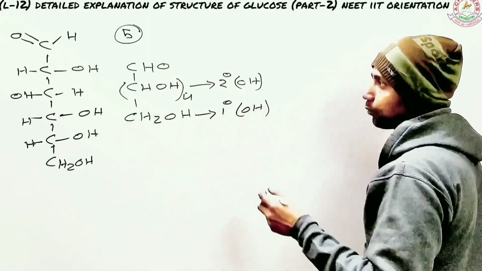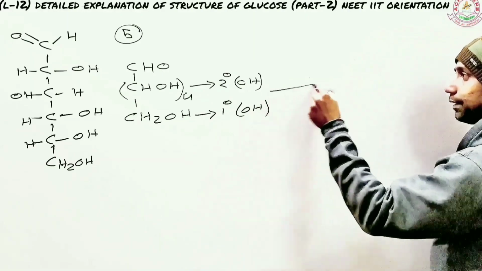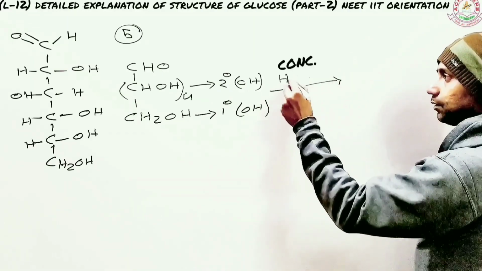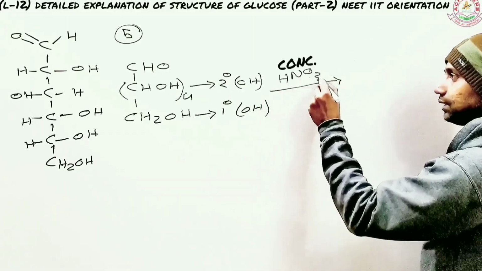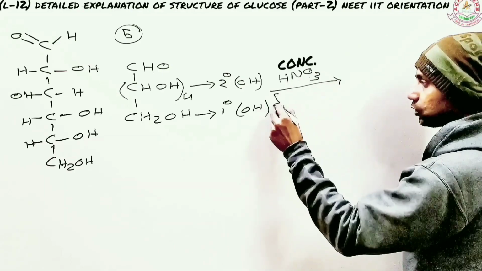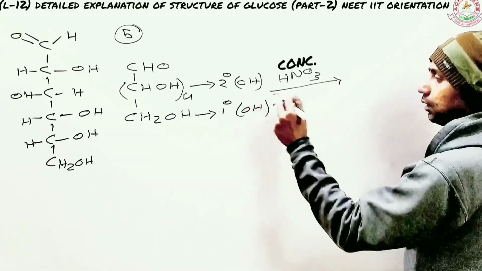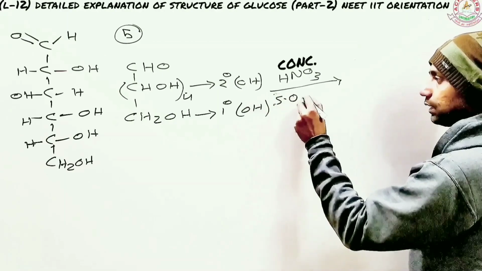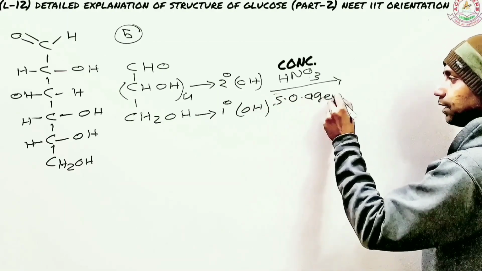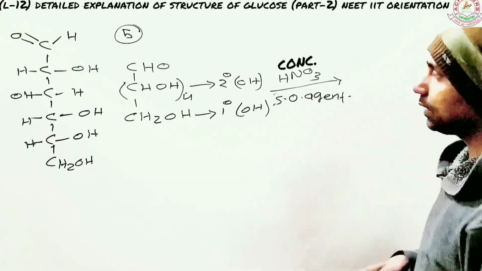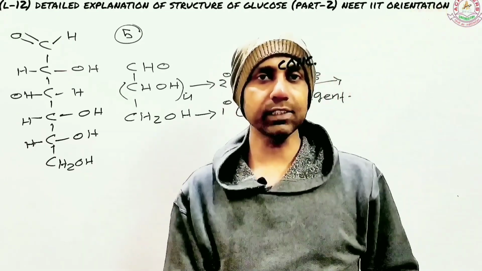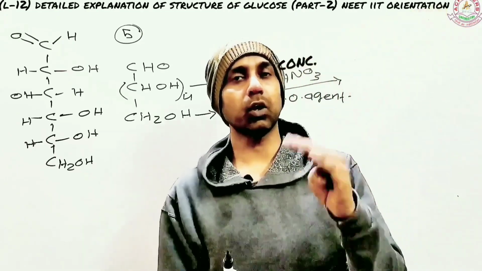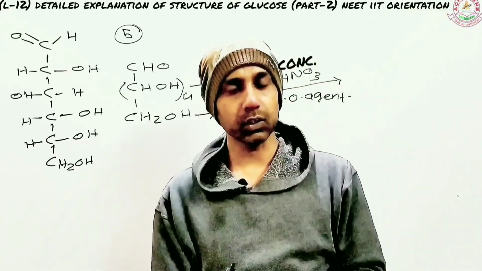So what I'm going to do, I'm reacting this one with a reagent, which is a strong oxidizing agent, HNO3. Let me tell you, this is a strong oxidizing agent, right? So being a strong oxidizing agent, it will oxidize not only the aldehyde but also the primary alcoholic group.